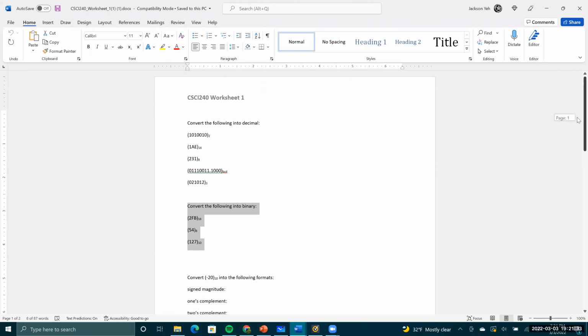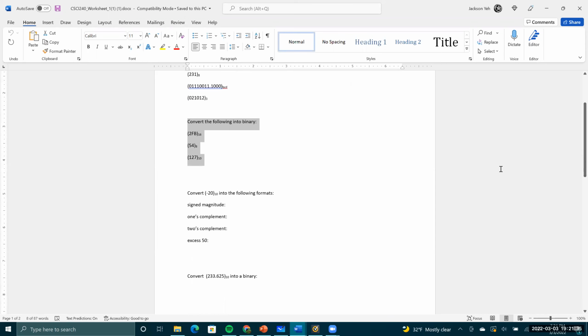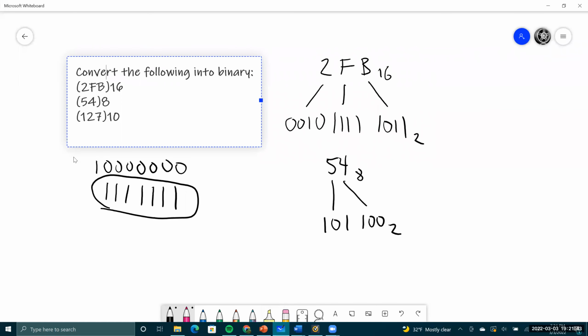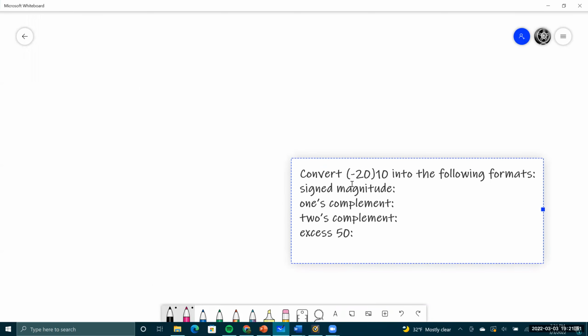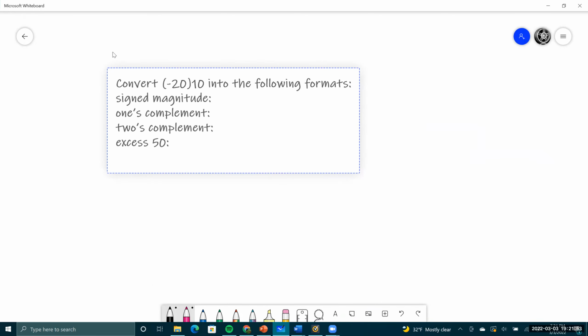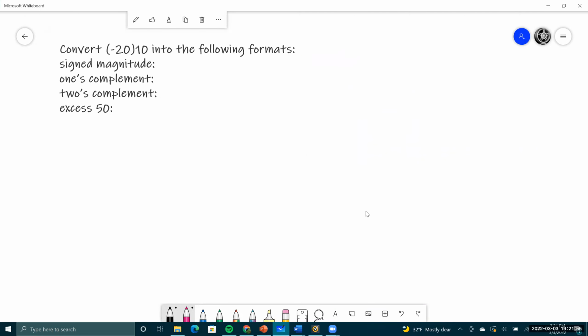All right, so next is integers. Convert -20 into the following formats. So -20, we want first sign magnitude.